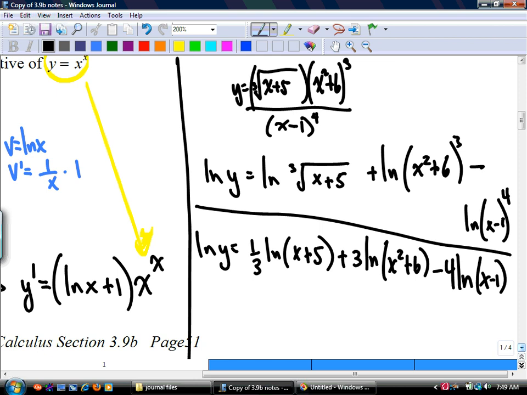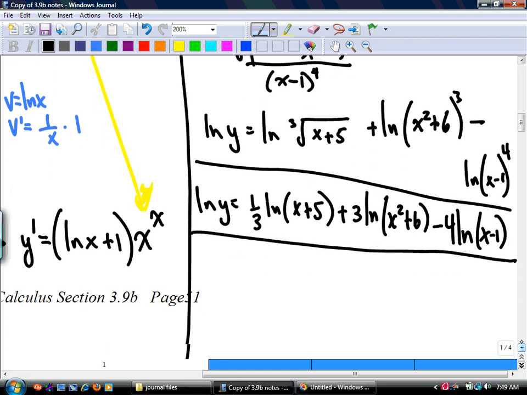Anybody know the moral to the story now? I'm getting one head nod. Continue along the process. No. We haven't taken the derivative yet.